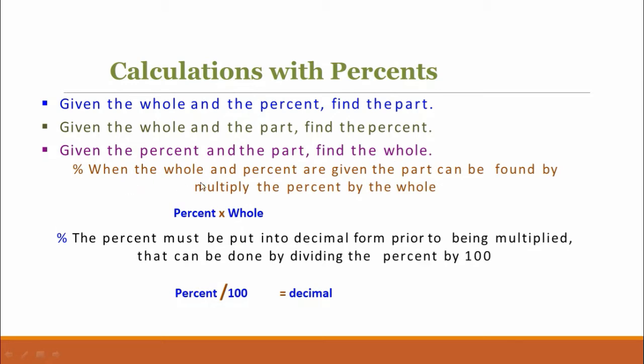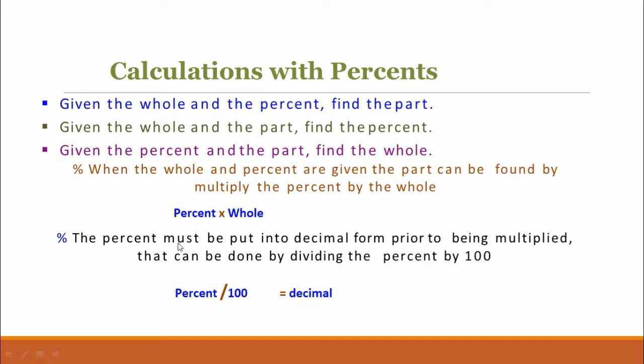When the whole and percent are given, the part can be found by multiplying the percent by the whole. This is the formula for the part: percentage multiplied by whole.